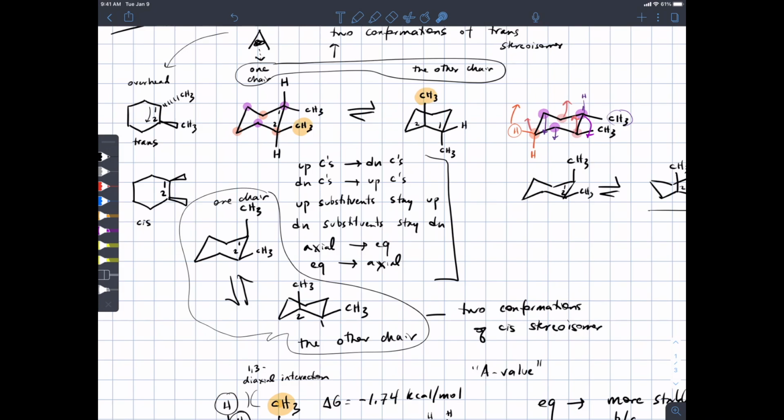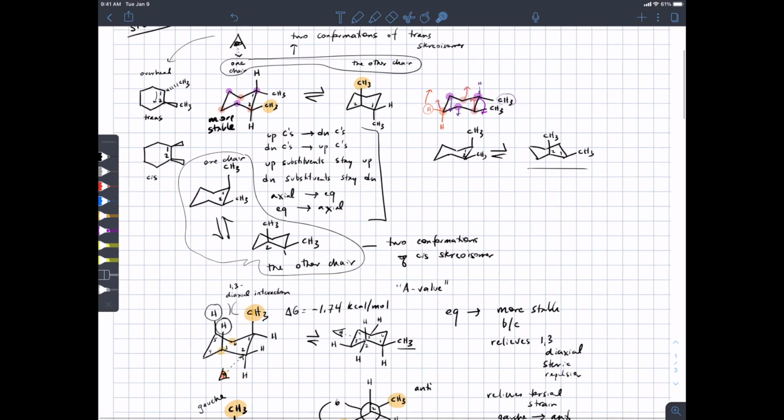The one chair. One chair should be more stable. And you know this because of what we've talked about. If I were to ask you how much more stable it would be, what might you predict? By that increment, but probably twice since there's two of them.